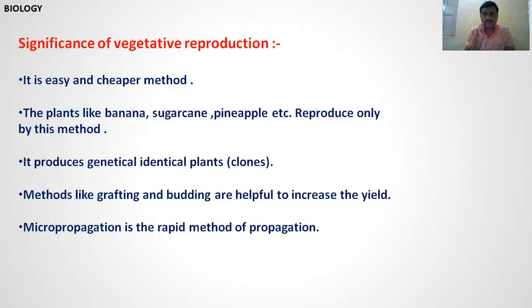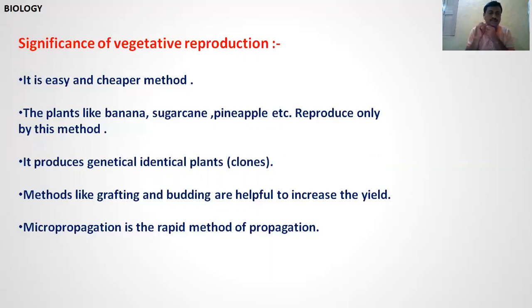Now, in this lecture, the significance of vegetative reproduction. First, it is a very easy and cheap method.